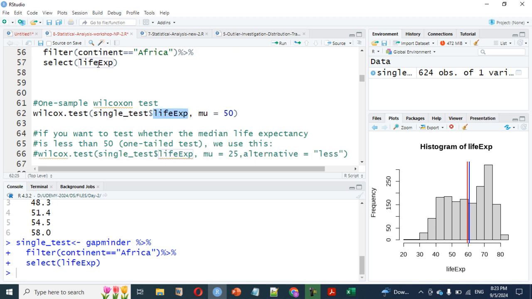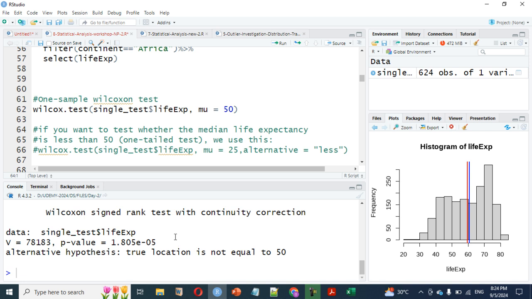We set our mu, our reference median, equal to 50. The default is 0, the same way we have it in the parametric test. If you don't have any reference or theoretical value, the default is 0, so we can supply 0 there. But now we already have one, so we just supply 50 and run this line.